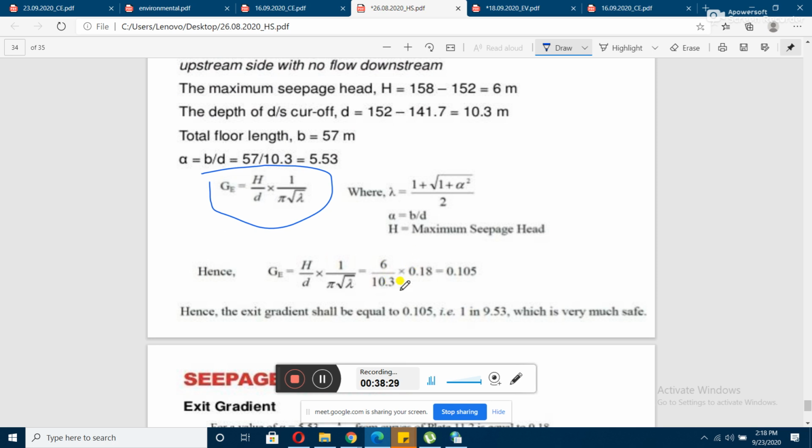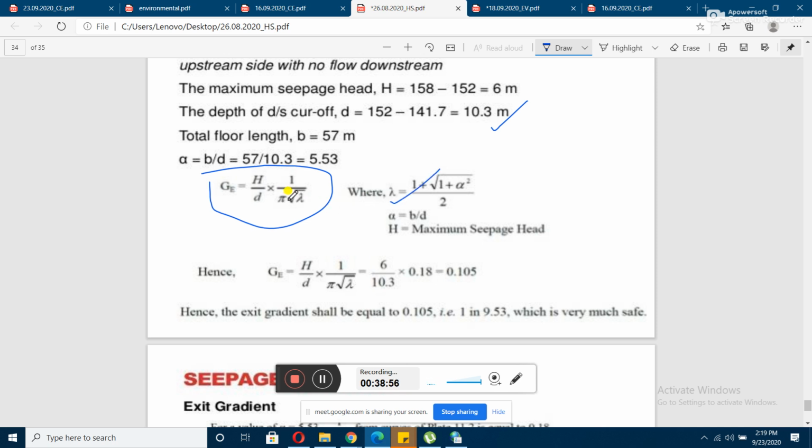Okay, and you can get the value of depth of the downstream cutoff pile, that turns out to be 152. It will be calculated from the downstream depth. Downstream pile depth, that is 152 minus 141.7, it turns out to be 10.3. So from that you can easily get the value of alpha, and then if you get the value of alpha, we can get the value of lambda.